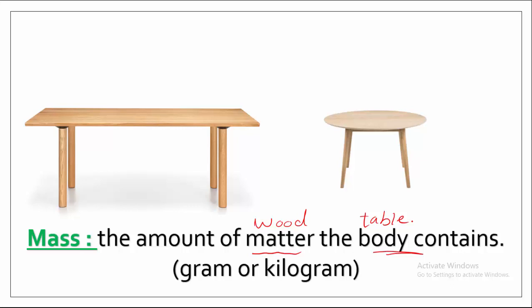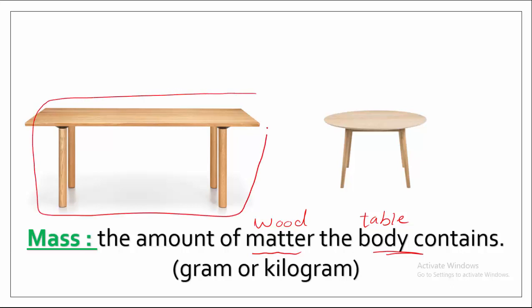Which table of them takes more space? The large table or the small table? The large table. Right. Large table takes more space. Look, it takes more space from the slide. But this table, no, it takes just a small space from the slide.